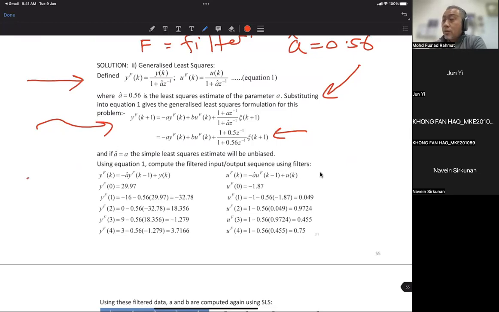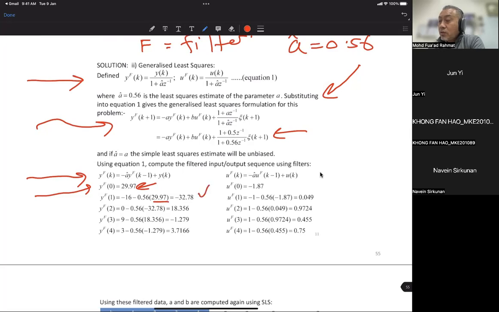So we start with this one: minus A YFK minus 1 plus YK. Since K equal to 0 is given, YF0 is 29.97. So use the value minus 16 from the table, minus 0.56 from the A estimate of the simple least square, multiplied with YF0, 29.97.